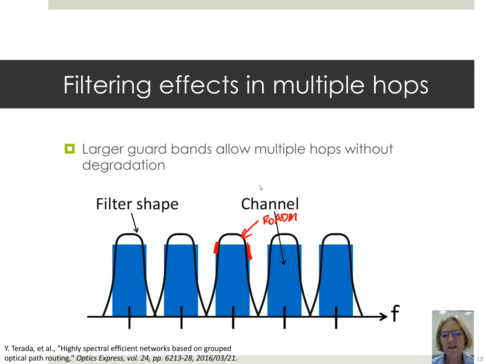And when we go to the next hop, we're going to filter it a little more, the next one more, and we will slowly degrade the quality of our signal. So if we leave lots of guard band, lots of space in between the channels, then we can make our filters wider, and this effect will be less detrimental.